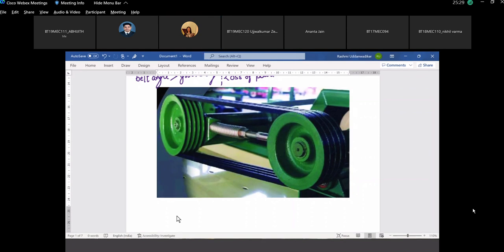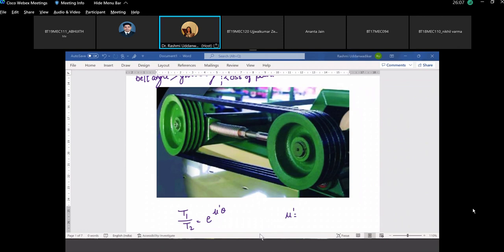Now what happens with the angle of overlap? This is T1 upon T2, which is equal to e raised to mu dash theta, where what is mu dash? What do you mean by mu dash here?